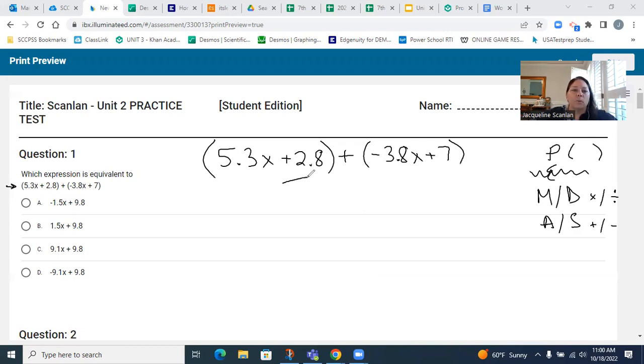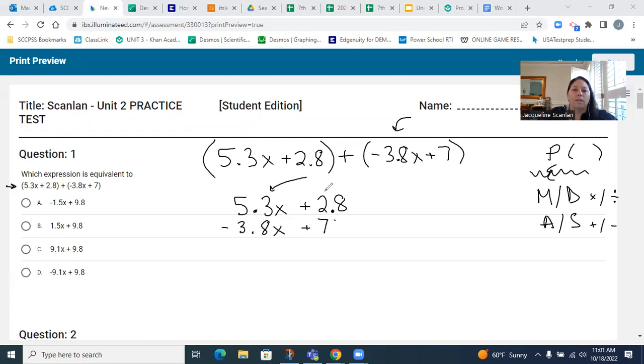The first strategy was what we called the stacking method, where we're going to line these problems up one on top of the other. And we're going to try to make sure that we're putting our like terms, the terms that have the variables, right on top or below each other. Okay, so to 5.3x plus 2.8, I'm going to add to it negative 3.8x plus 7.